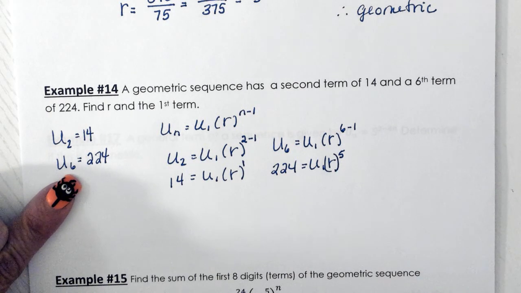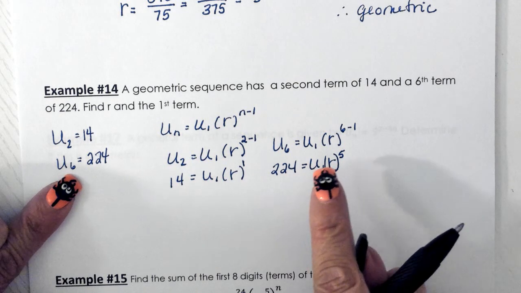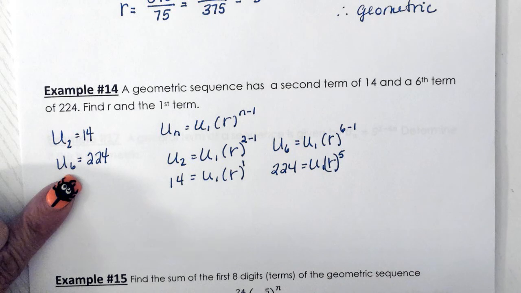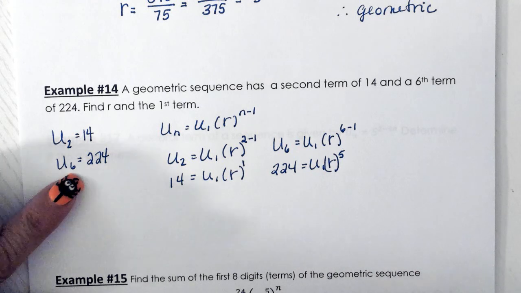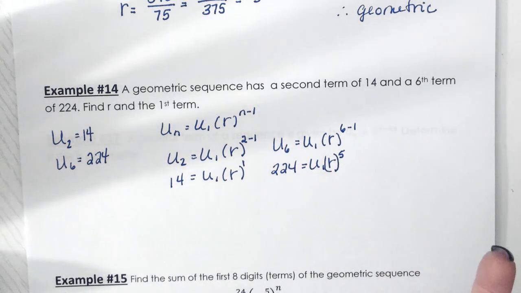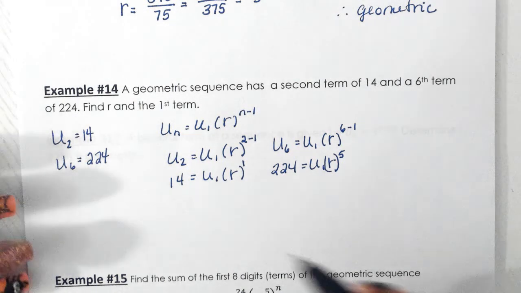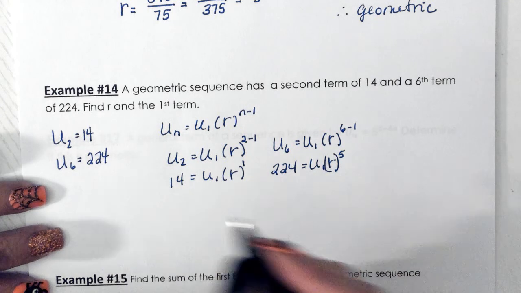Okay, well, what if I... I'm thinking of a couple of different ways. Could I solve each of these for u1 and then set them equal to each other? I could also think about, okay, geometric is proportional, so I could have ratios. I wonder if it would be easier to do something like this.